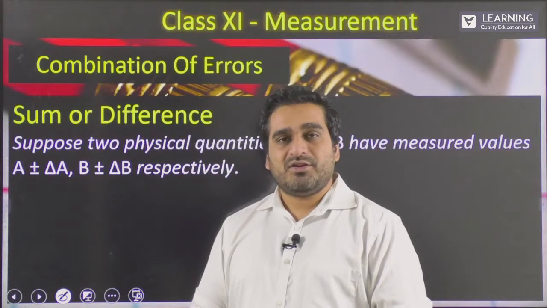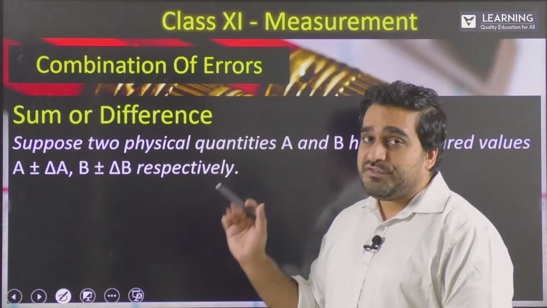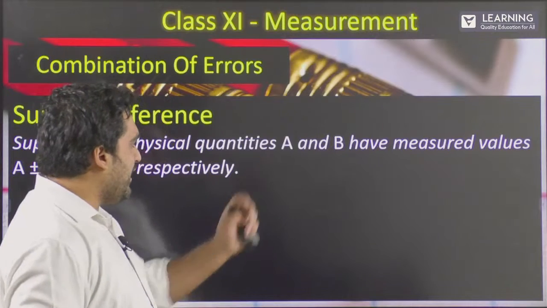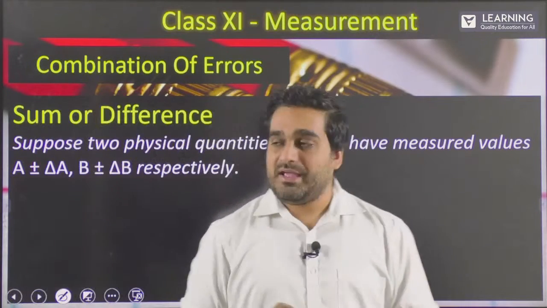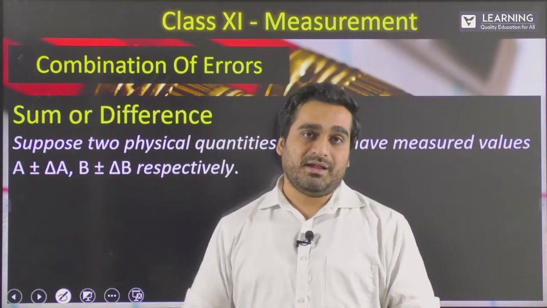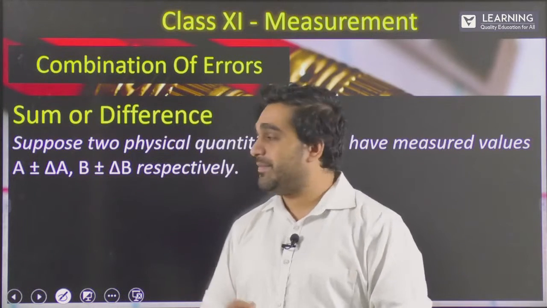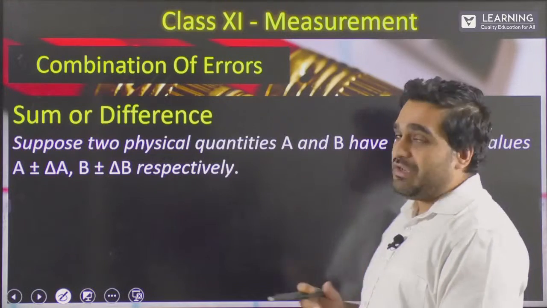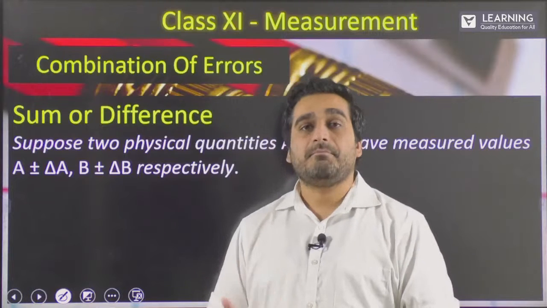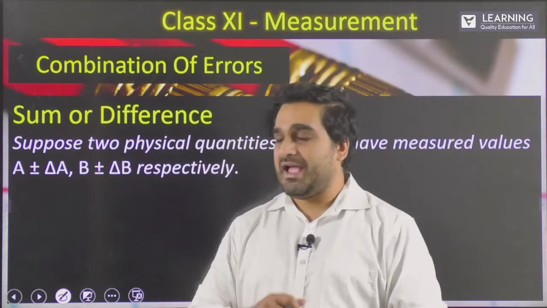Let us consider two physical quantities A and B, each of which has its own error. A has an error which is given by A plus or minus delta A, where delta A represents the absolute error. As well, physical quantity B has its error, which can be represented by B plus or minus delta B, where delta B is called the absolute error.